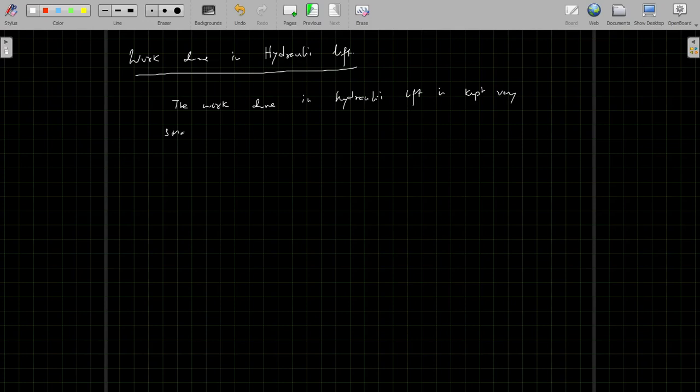That is, the displacement of the cylinders is very small. It is always tried to keep the area of the cylinders very small, not large. No large displacement is taken.